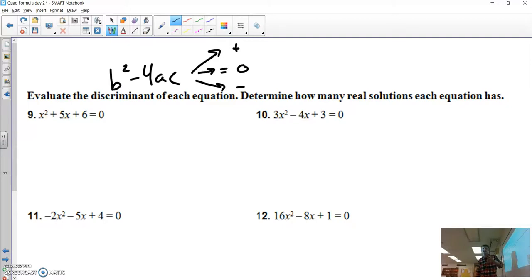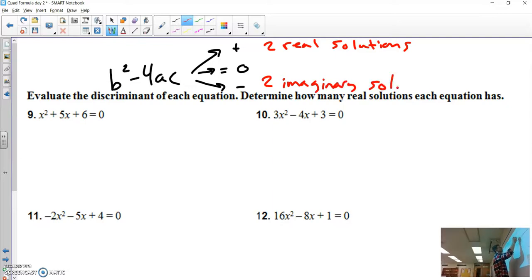So there are 3 cases. If it comes out to be positive, then you have 2 real solutions. Okay? If it comes out to be negative, you have 2 imaginary solutions. And if it's 0, well, then you're only going to get 1 real solution.